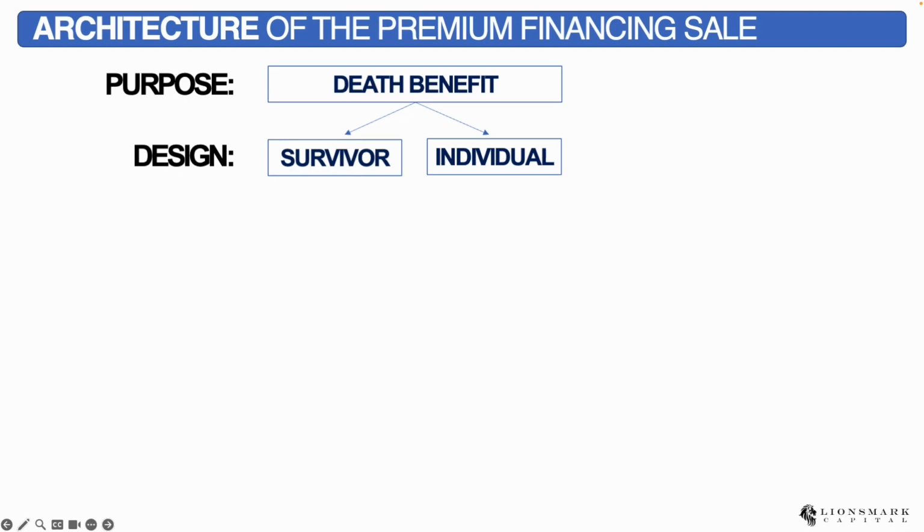If there is even a remote chance that the surviving spouse may need the death benefit to pay the bills, sustain lifestyle, etc., then you are going to want to do an individual policy, not a survivorship policy.